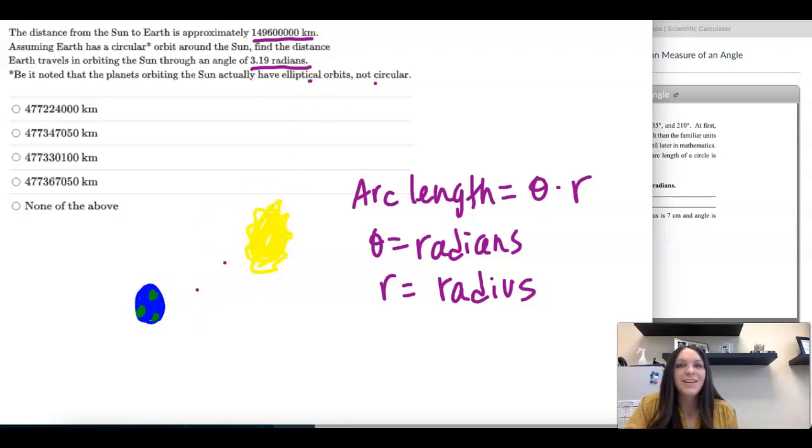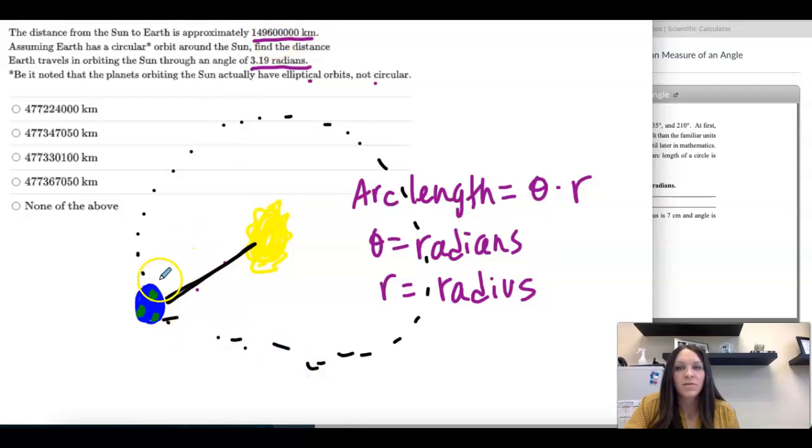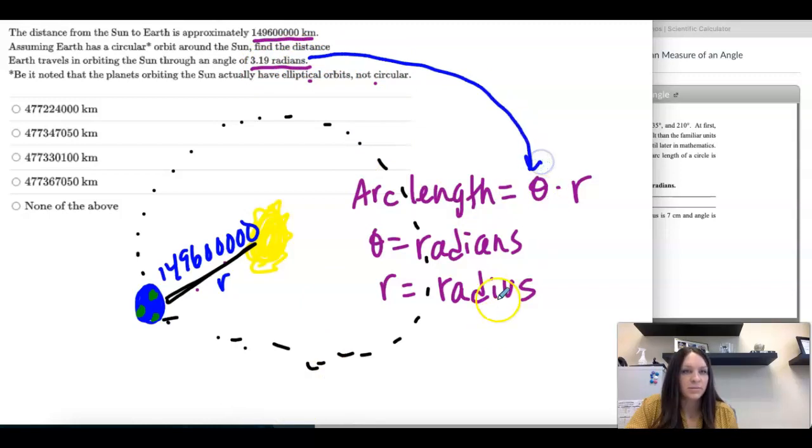Beautiful artwork. And we're going around. So this distance, the 149,600,000, that's our radius of the circle. And then the 3.19 radians, that's going to go here. So what we're doing is we're multiplying these numbers. I'm going to take 3.19 times this number for r.